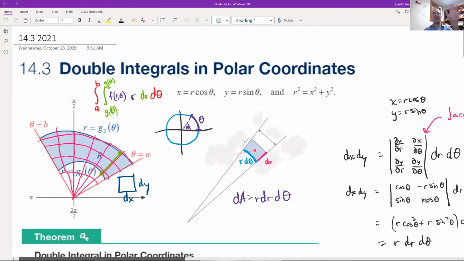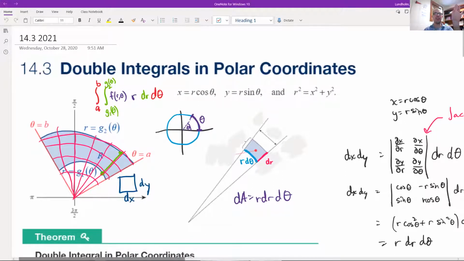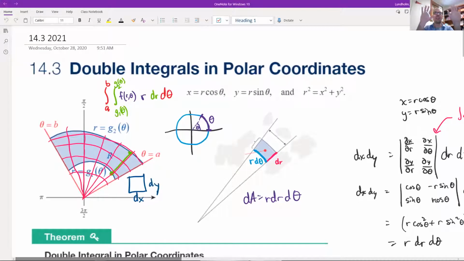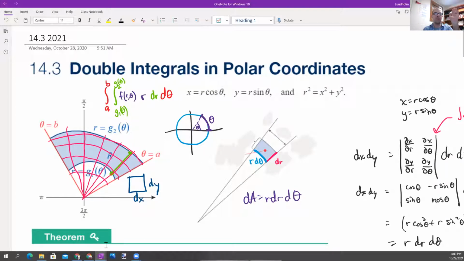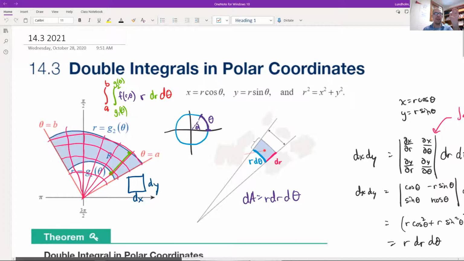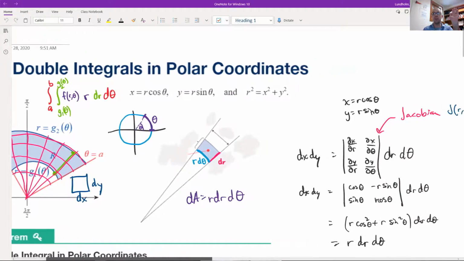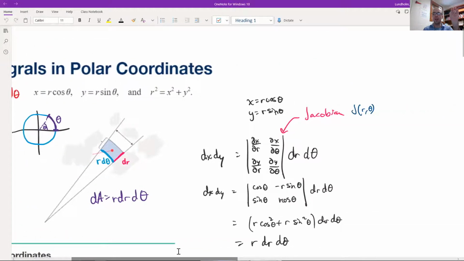So that's more of a geometric understanding of what's going on with double integrals and polar coordinates. As a preview of coming attractions, I think in section 14.6, we're going to look at the Jacobian determinant.